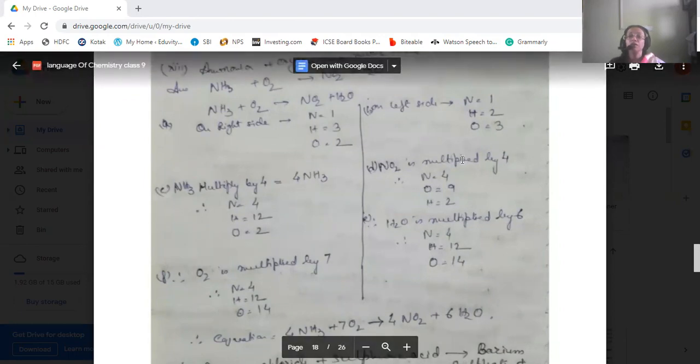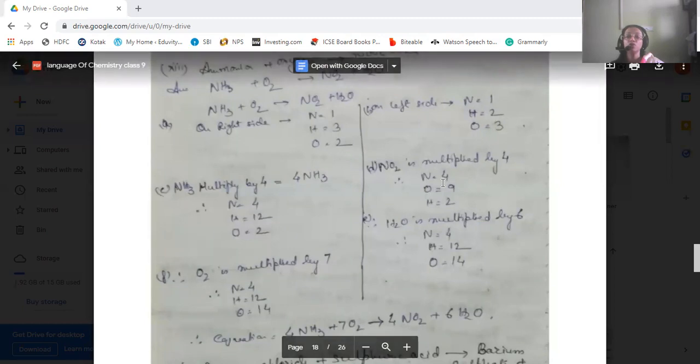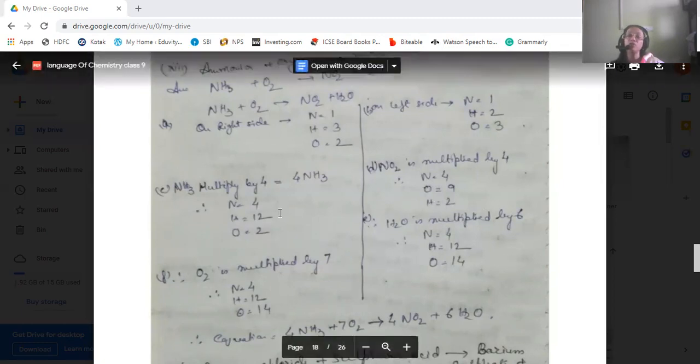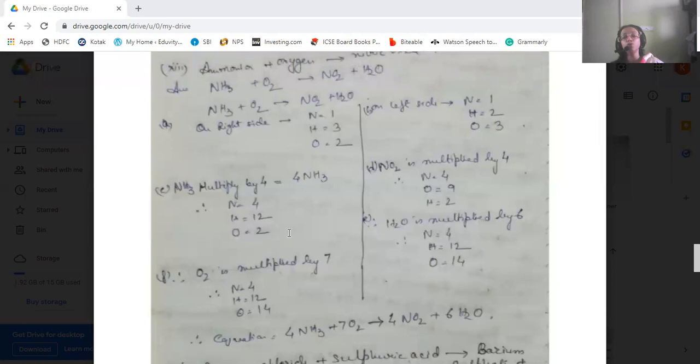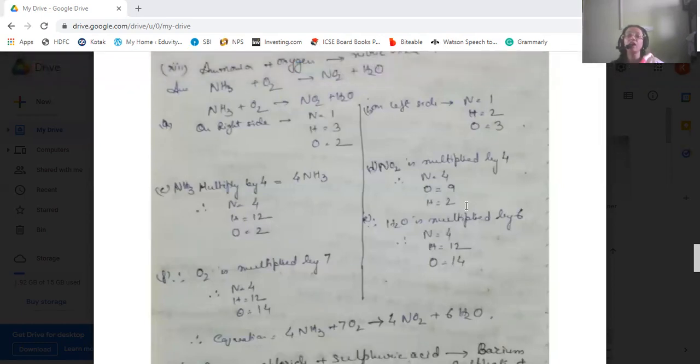So on the product side, we again multiply NO2 with 4. So it becomes N is equal to 4, O is equal to 9, and H is equal to 2. So we need to have hydrogen 12 and oxygen 2. So here we get oxygen is 9 and hydrogen 2.